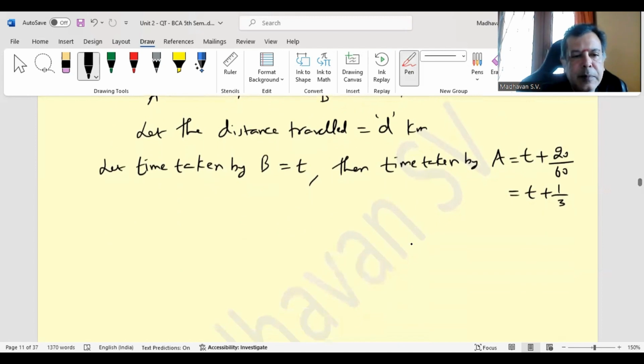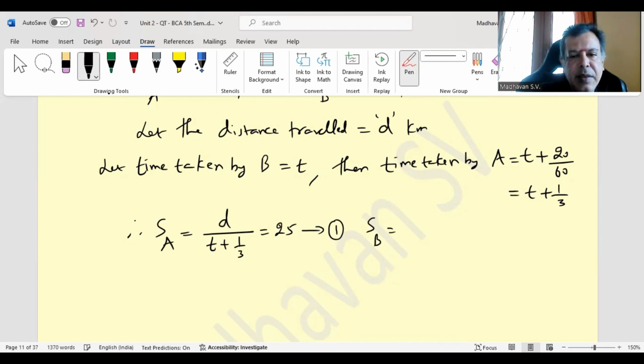So therefore, speed of A, which is distance traveled by time taken, we know it is given in the question as 25. Then speed of B, distance traveled divided by time taken is only T, that is given as 30.